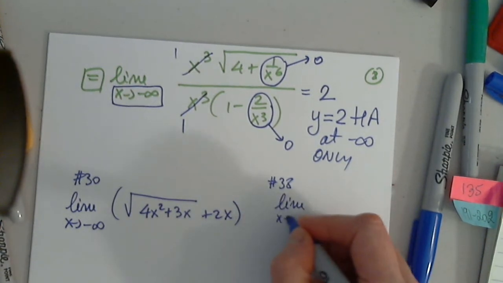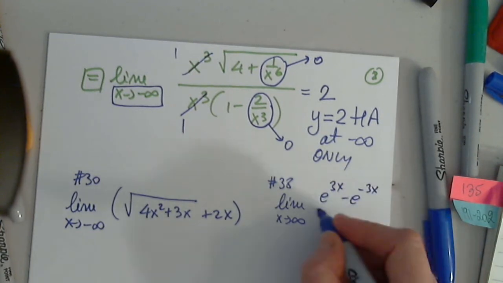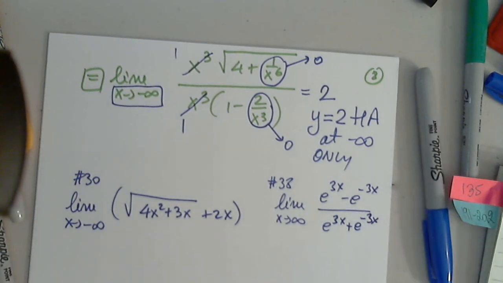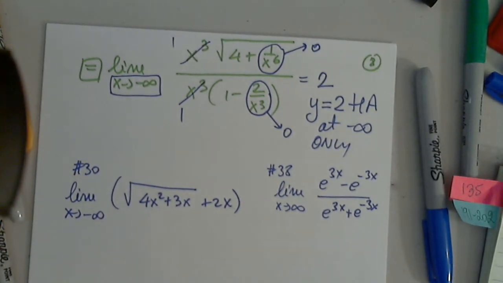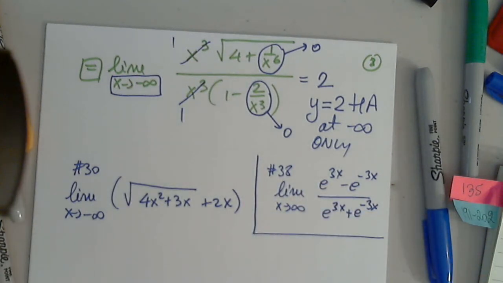So limit as x approaches infinity, e to 3x minus e to negative 3x over e to 3x plus e to negative 3x. So you understand that if you start working on homework right away and say, oh, I understood this, and you do not redo the problems we did in class, you're going to stumble, potentially, I hope not, from the first problem you try.